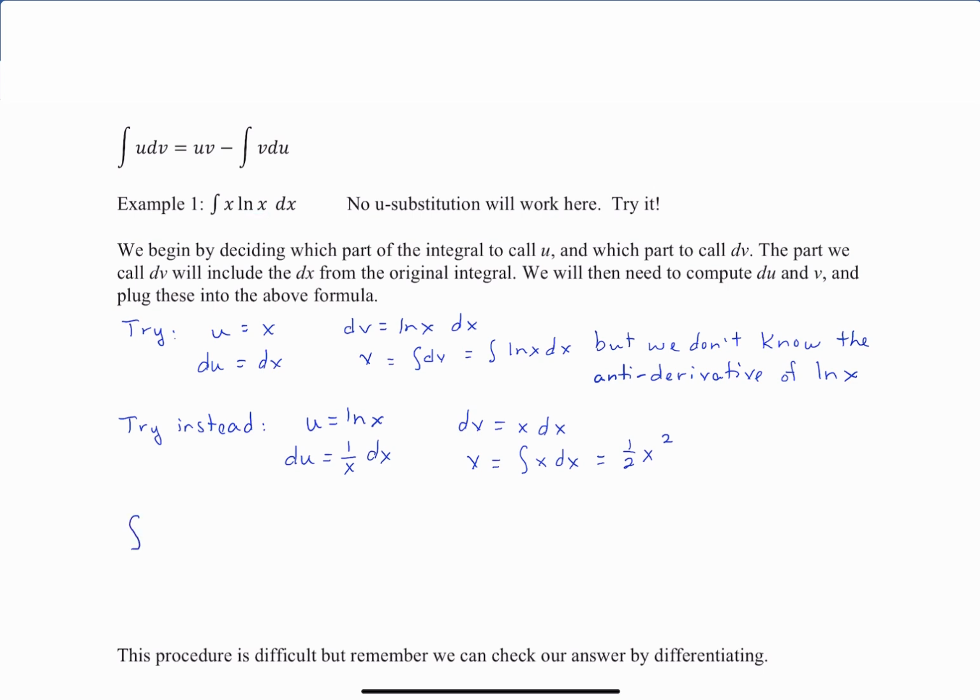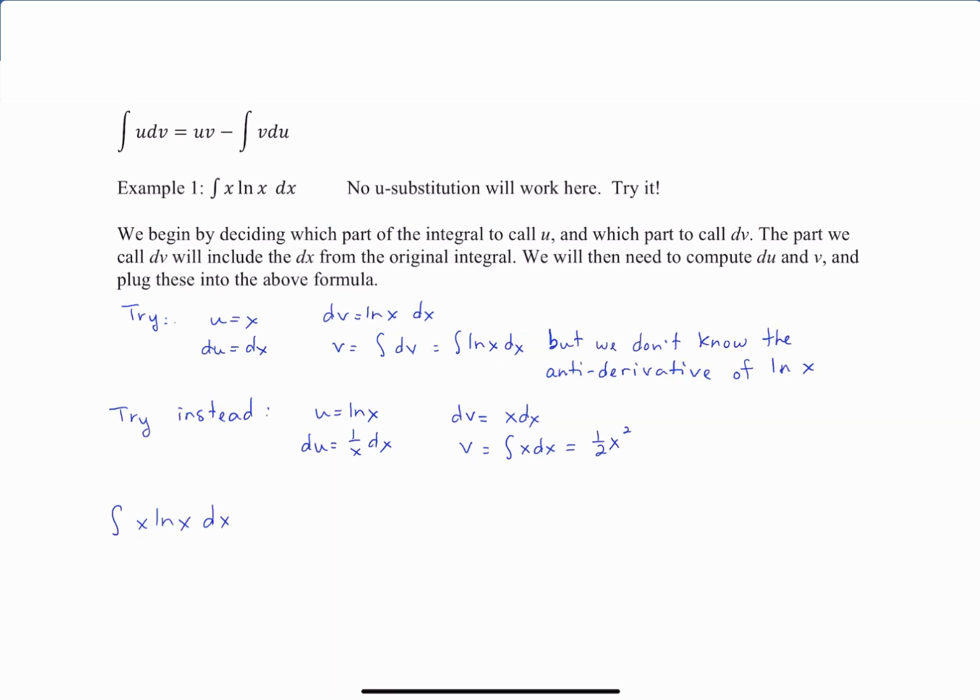So our integral of x ln of x dx is going to turn into uv minus the integral of v du. And we just read those things off from our decision and computation here. U is the ln of x.